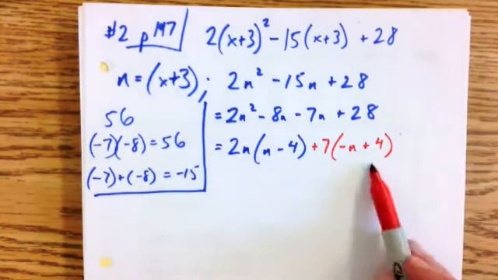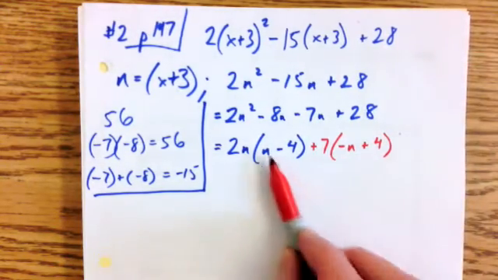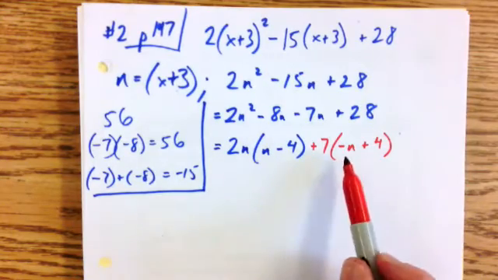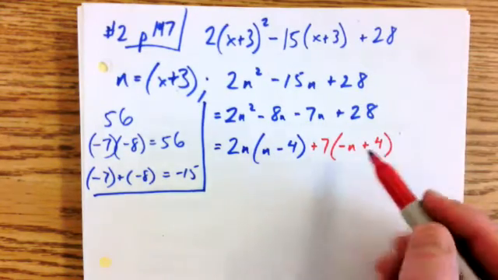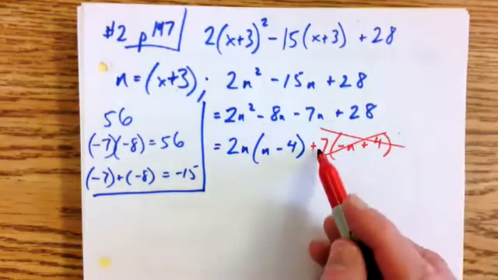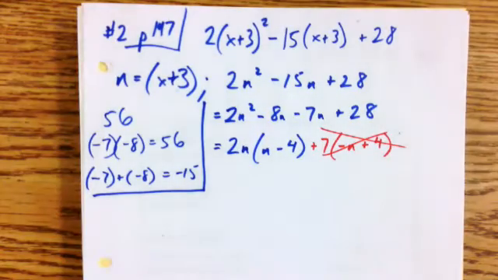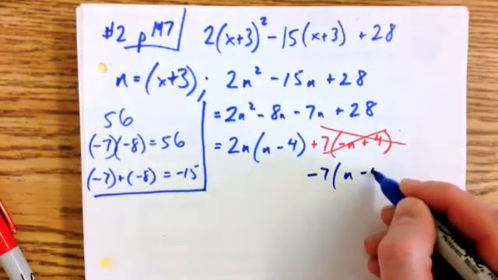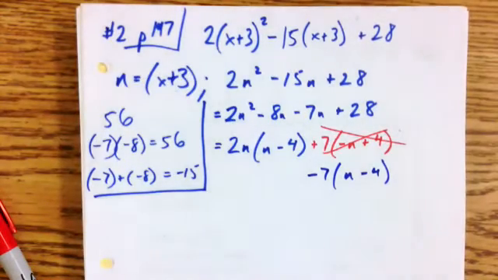Now notice that n minus 4 and negative n plus 4 are not the same thing. Which means if you do this and you go, oh crap, all it means is you need to make that 7 negative. So instead of plus 7, minus 7, and then it's n minus 4. And you guys probably know this because of all the examples you've done already, so maybe I didn't even need to go through that.